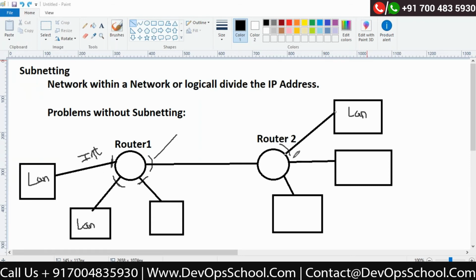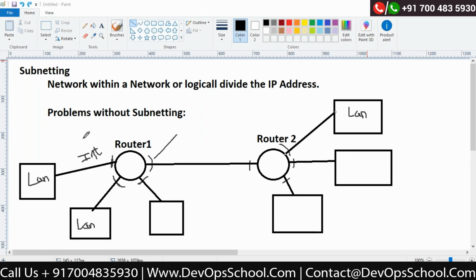Every interface which you are using in your router requires a separate network. Remember that this is a mandatory procedure. My router will not allow a single network to be assigned. Every interface on the router should serve different networks.